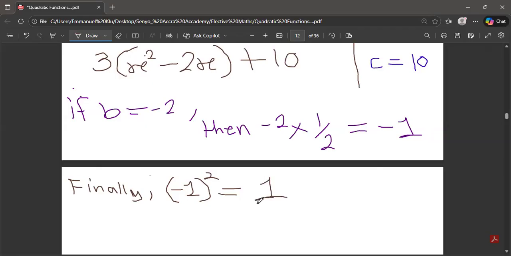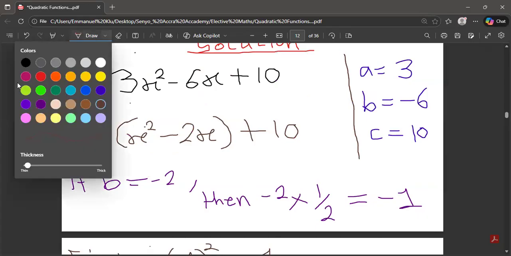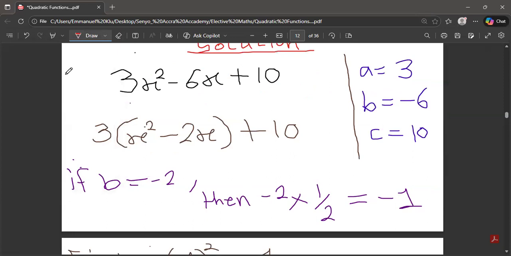Okay, good. So if I was writing this in steps, how would I classify my step? I will classify this one as step 1. And I'll classify this one as my step 2. And I'll classify this stage as step 3. You see, in step 3, what did we do?